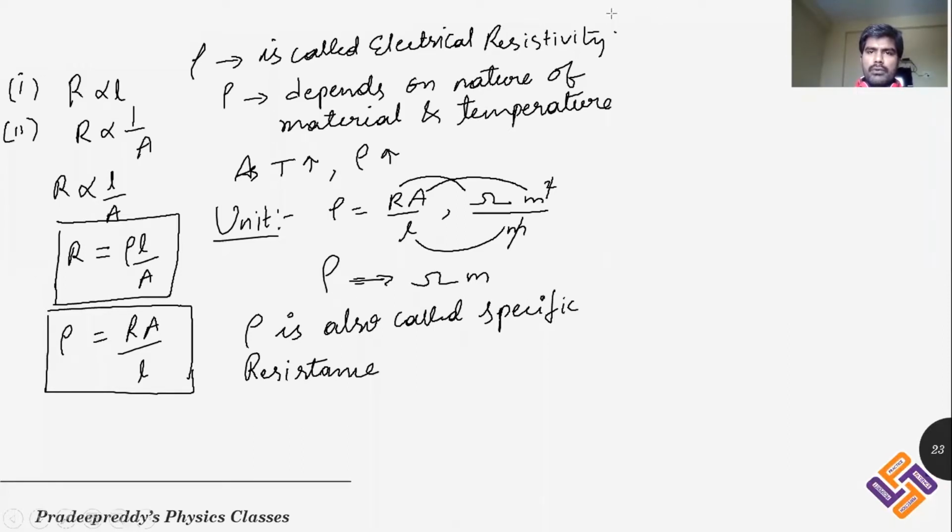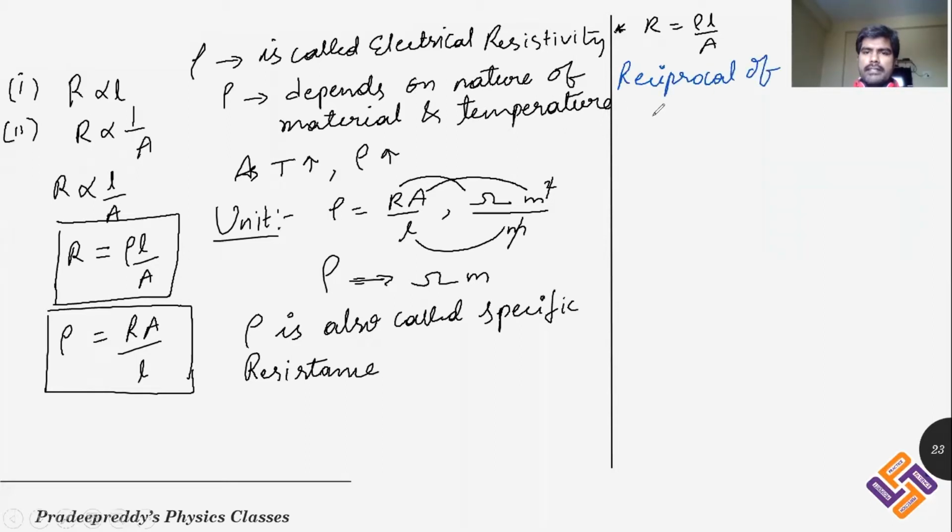And now coming to resistance, as we already know, R is equal to rho L by A. The reciprocal of resistance is called conductance.